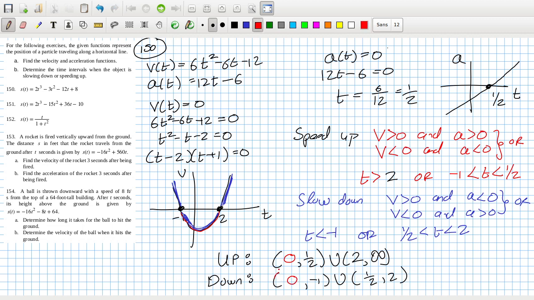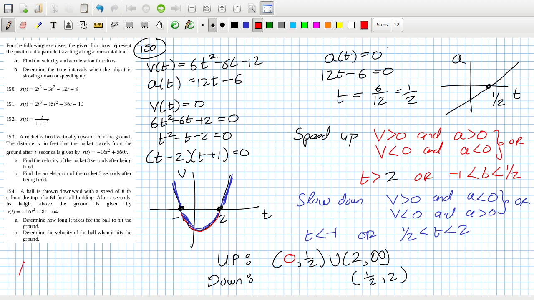Silly me. Well, I don't feel too bad about that because the question doesn't explicitly say that the particle begins moving at t equals 0. And in fact, maybe we should entirely forget about this answer here because it has the -1 in it. So I should just completely get rid of that.